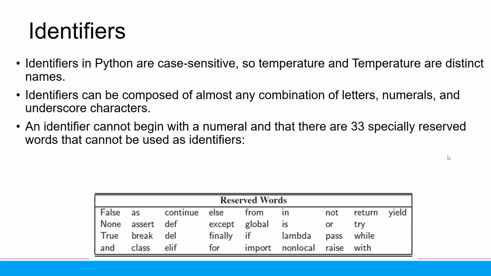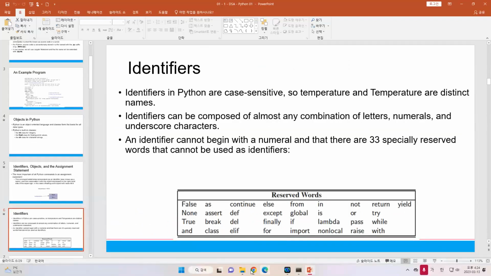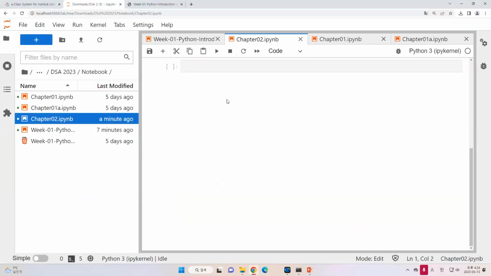For example, I want to use continue for my variable name. Continue. As you can see, the word continue now becomes a different color, so it is not possible to use it as a variable name.